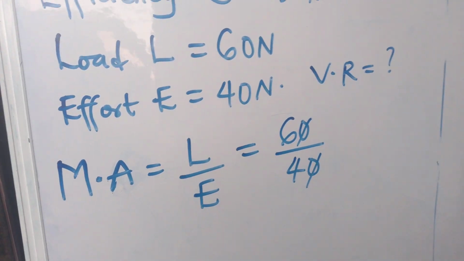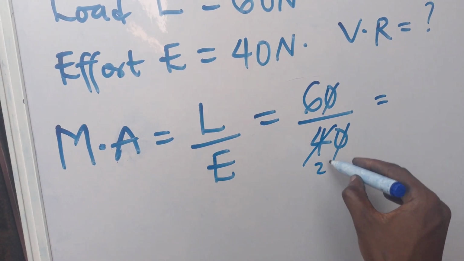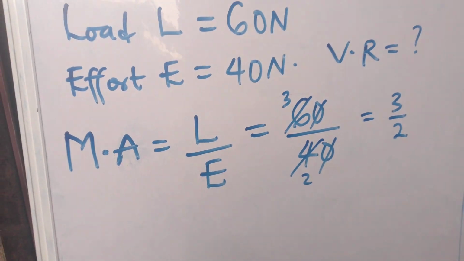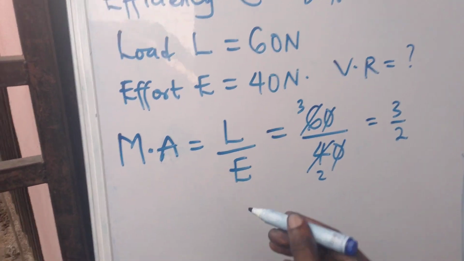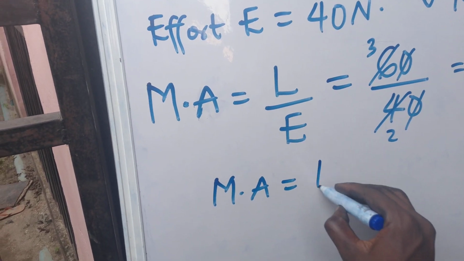So this will cancel, and 2 into 6 is 3. That is 3 over 2. So the mechanical advantage MA will be equal to 1.5.